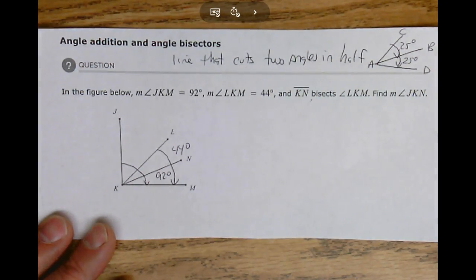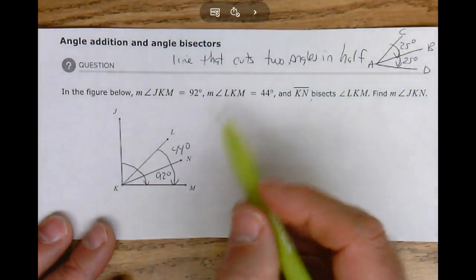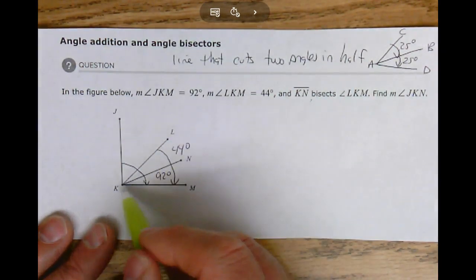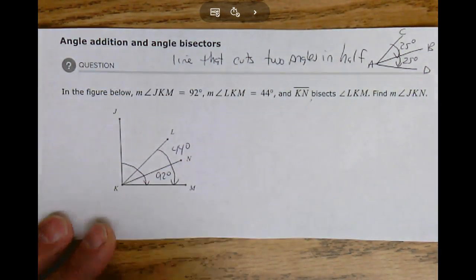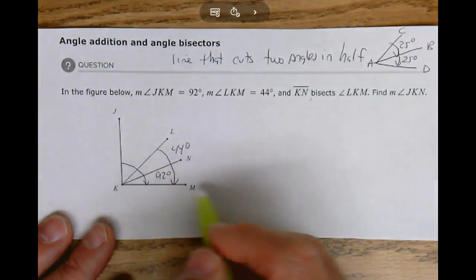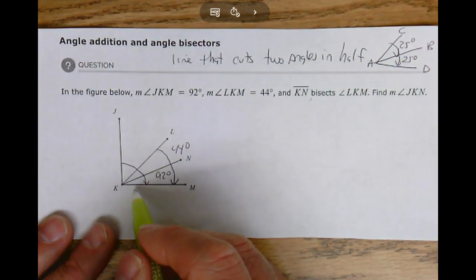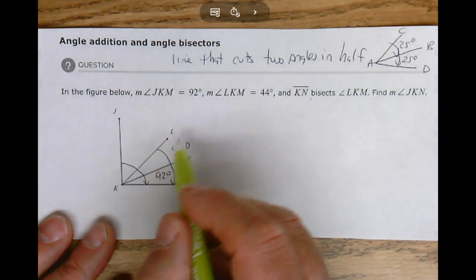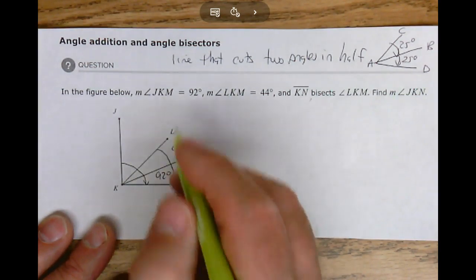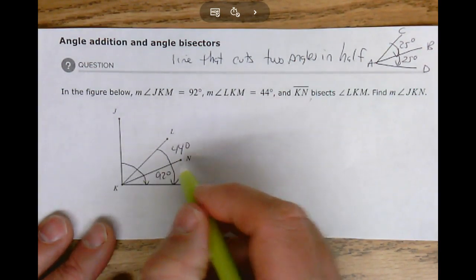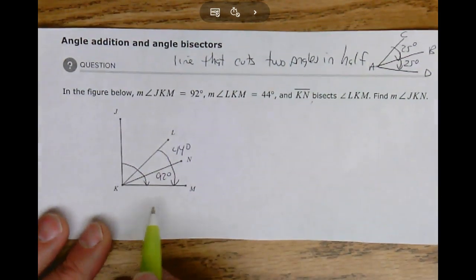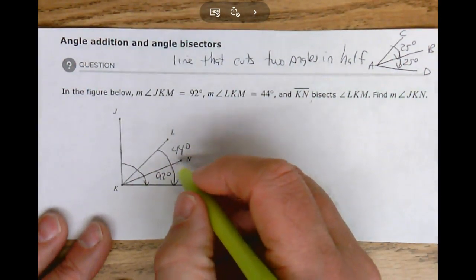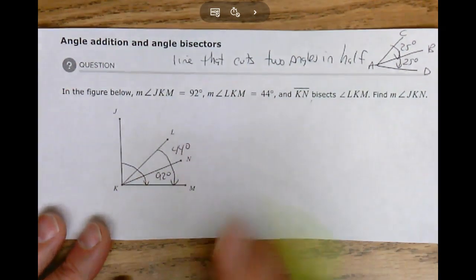And then it says KN bisects, and here's KN right here, KN bisects LKM, which is this one right here. Okay, so this bisects this one in half, right? Or this one in half, right? So then that tells us that this should also be equal to, what am I missing here?